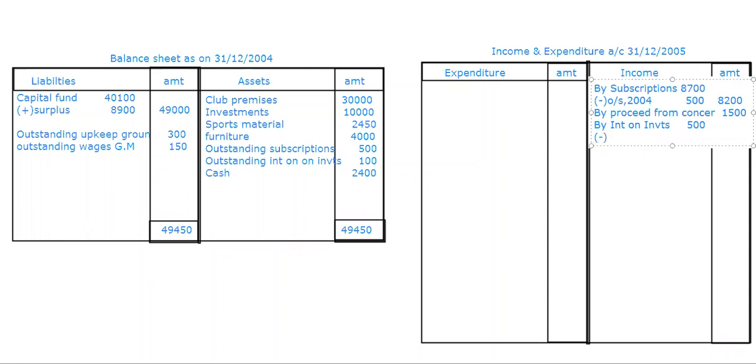So last year, first I'm minusing outstanding of 2004, which is 100. Outstanding of 2005, which is 120. So therefore 520 is the amount.